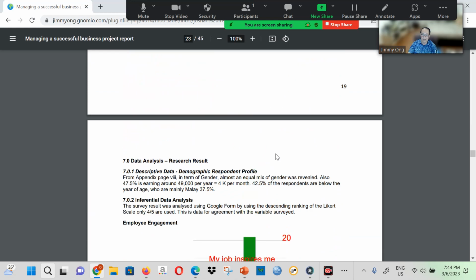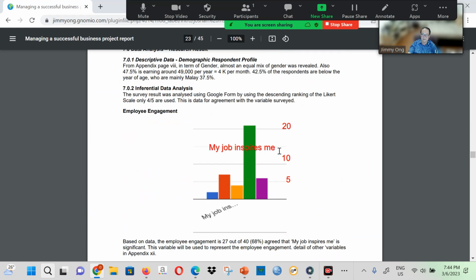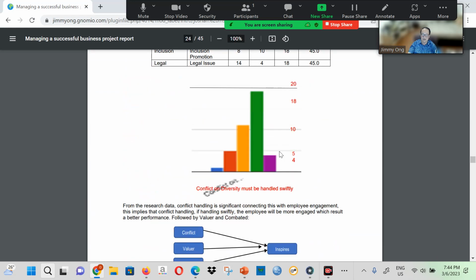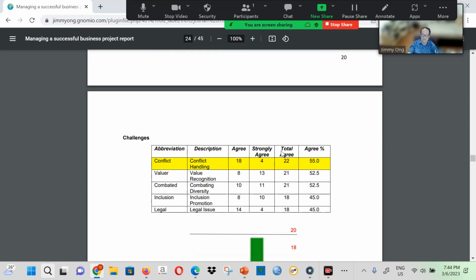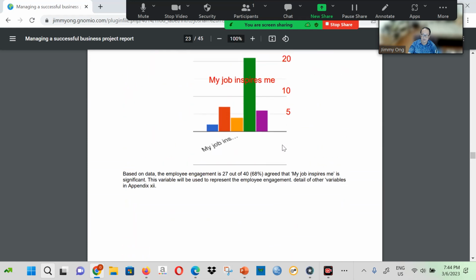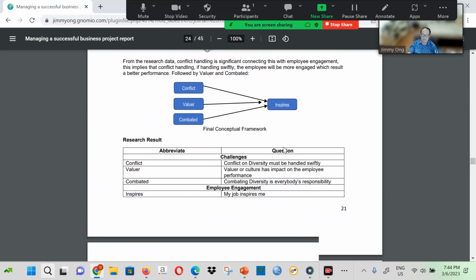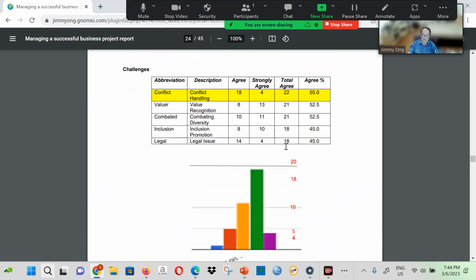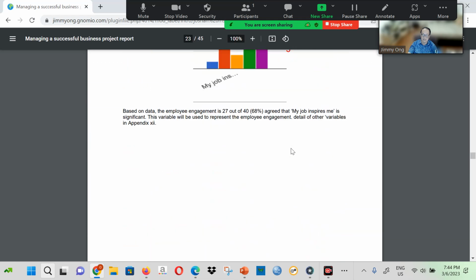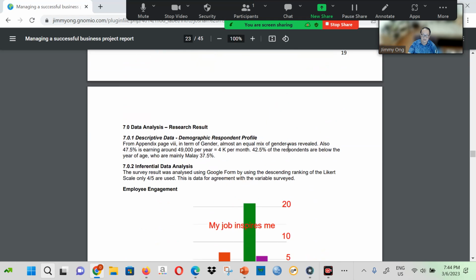Anyway, this one is made by Google Form, right? So simple, just made by Google Form. Google Form makes these charts. If you got time, I show you the Google Form one more time. Google Form can even show you some kind of inference data.